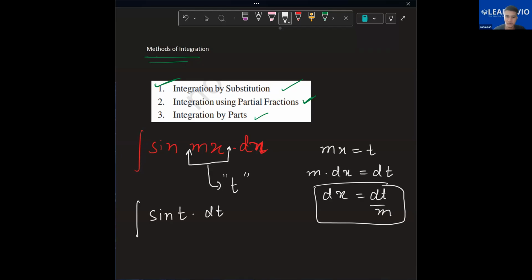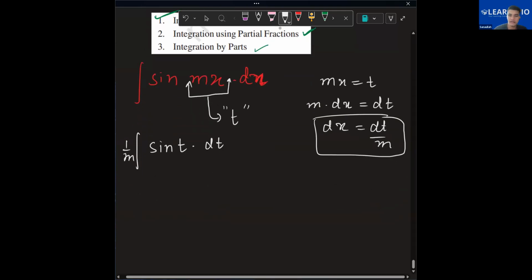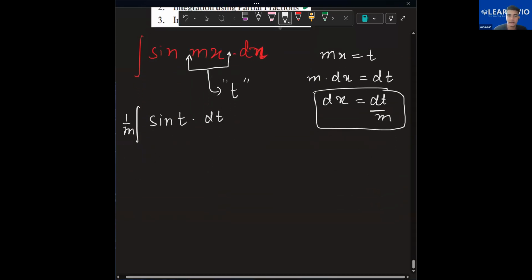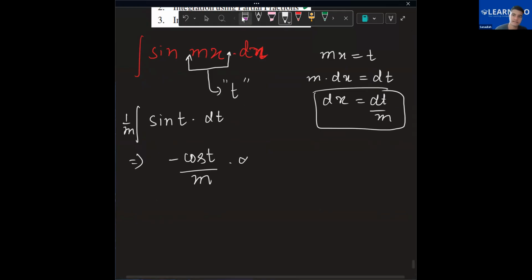And since m is a constant, you can take that m outside. So this is going to be 1 over m integral sine of t dt. So you know sine t का integral होता है minus of cos t over m plus ct.